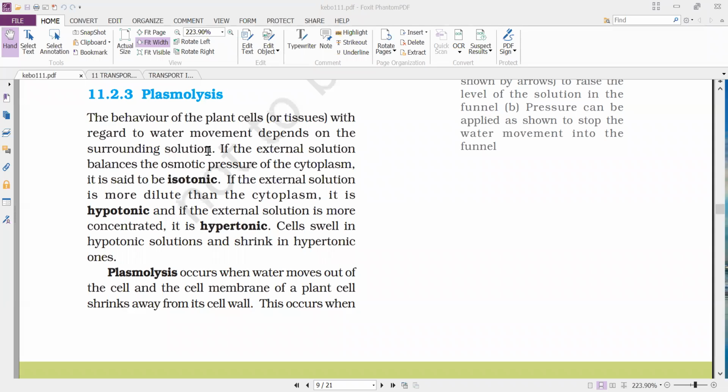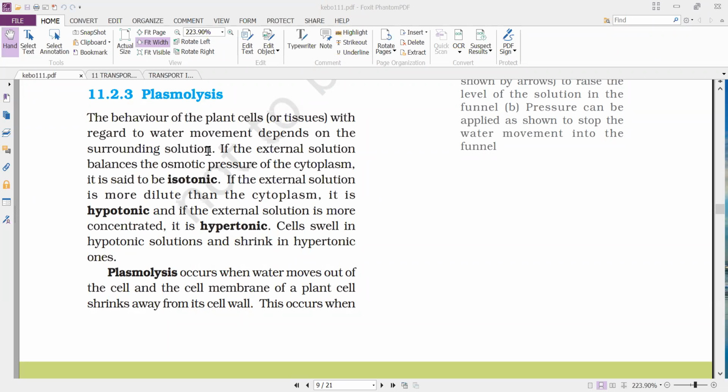That means if you take a cell, the amount of water or the movement of the water into the cell or out of the cell will depend upon the external environment in which the cell is present.